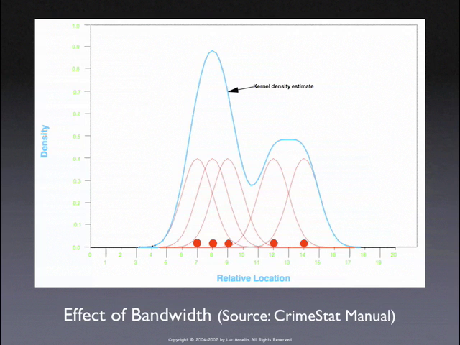Okay. What is the extreme? When you take your bandwidth so large that all the points are included for each location that you consider. What will your kernel look like in that case? Flat. And it will be equal to the intensity, to the average number of points per areal unit.